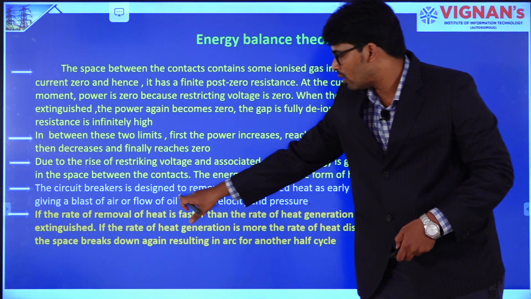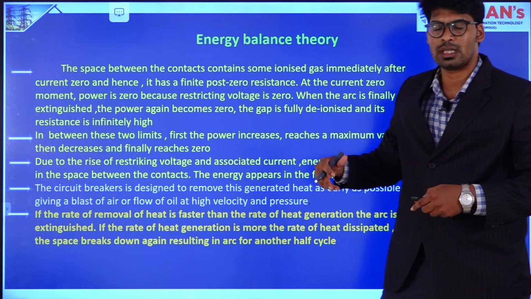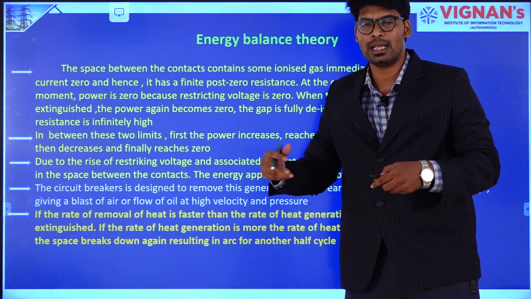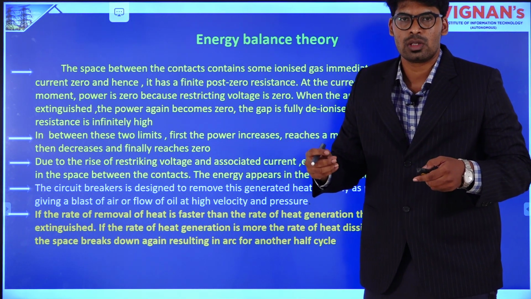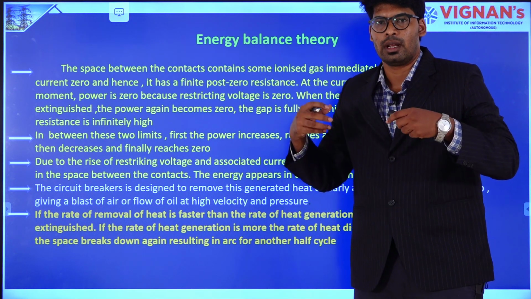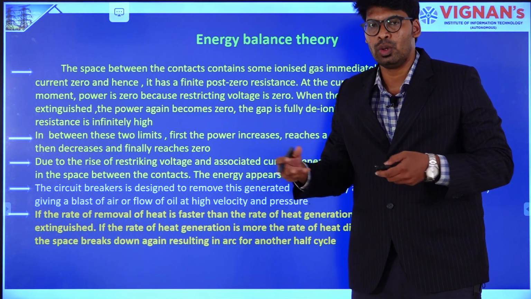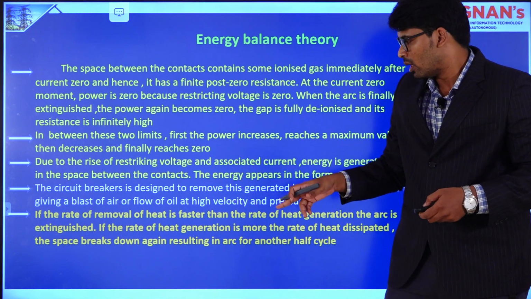So whatever energy is generated, that means the heat energy, should be dissipated within an instant. When the arc produces heat, the heat should be decreased by giving cooling. In this manner, the arc should be removed.